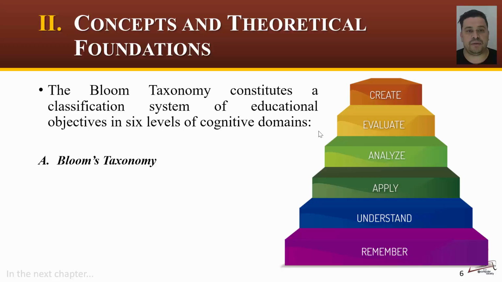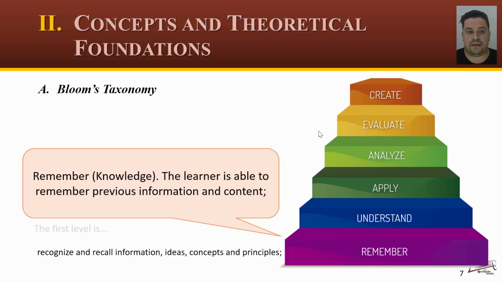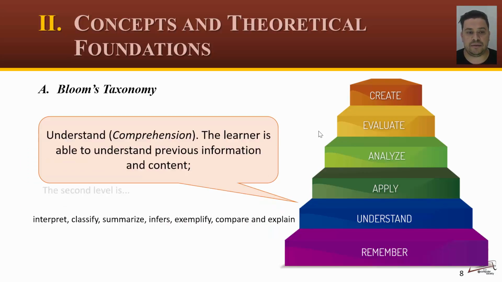In the next chapter, Concepts and Theoretical Foundations, Bloom's taxonomy constitutes a classification system of educational objectives in 6 levels of the cognitive domain. The first level is remember or knowledge. The learner is able to remember previous information and content.